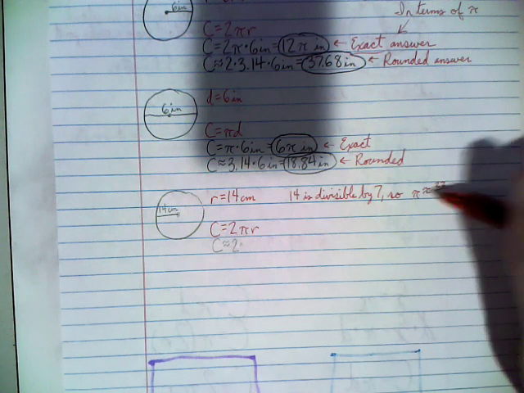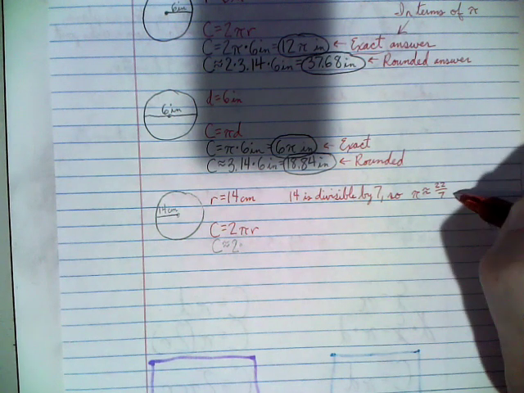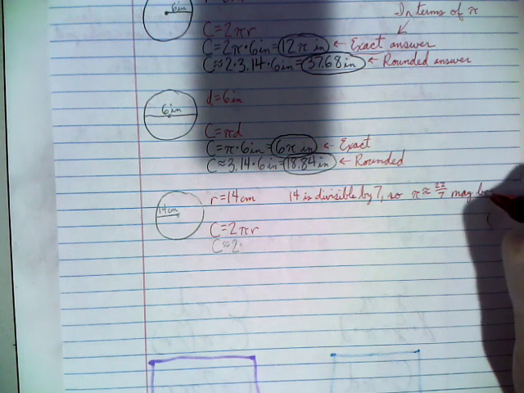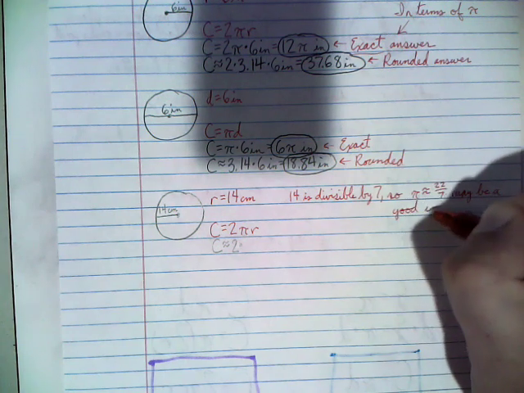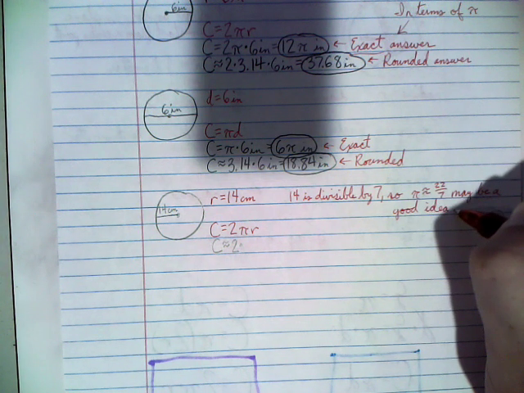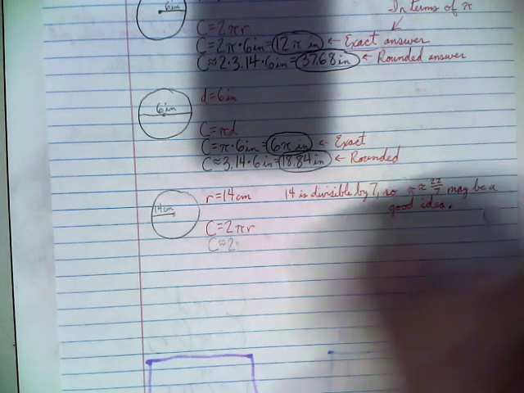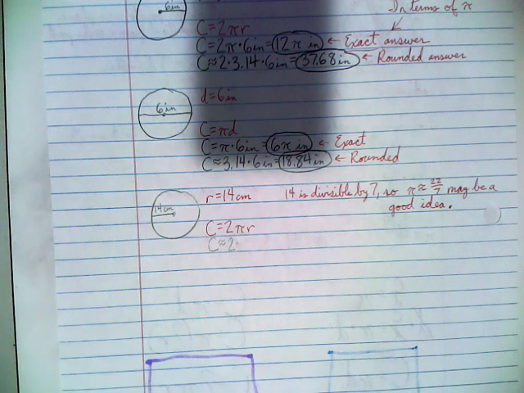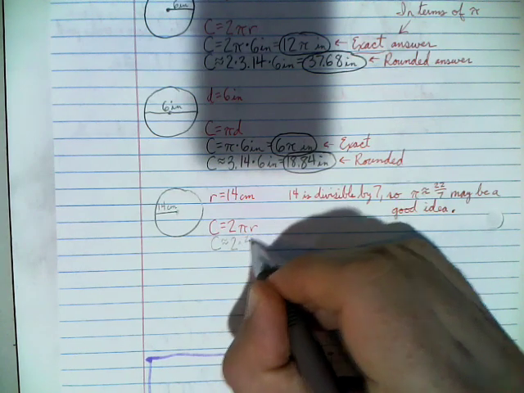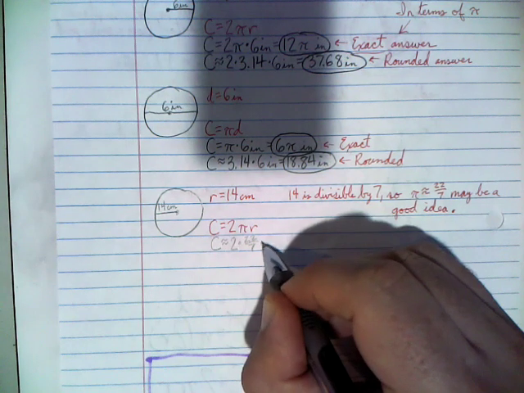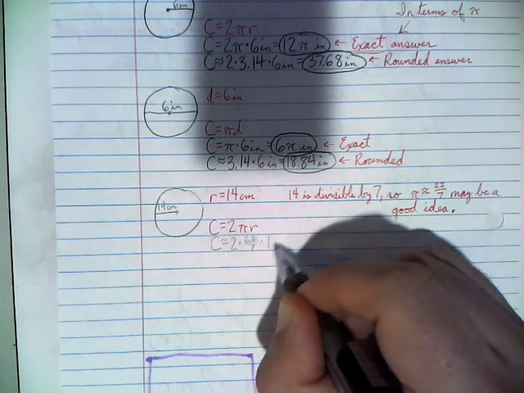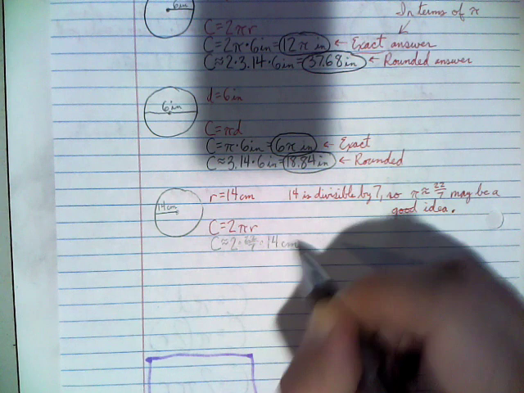So pi approximately equal to 22 divided by 7 may be a good idea. So this would be a time where you might want to consider using 22 sevenths. So if I use 22 sevenths here for my pi, then I just need to multiply by r. So r is 14 centimeters.